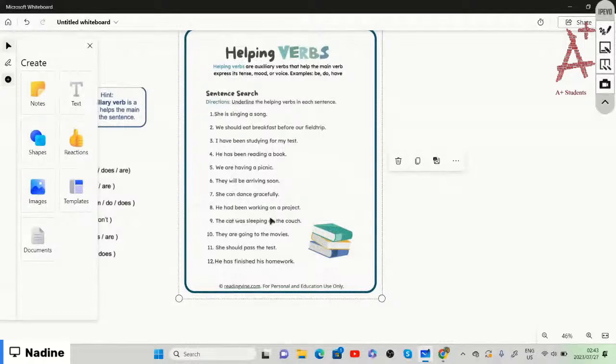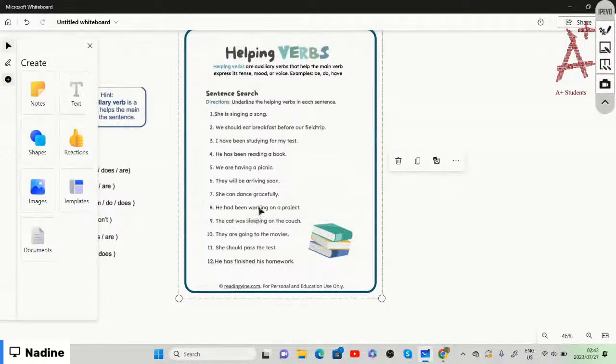He had been working on a project. If we select the helping verb within the sentence, then we can say had been is a helping verb, and working is our main verb.